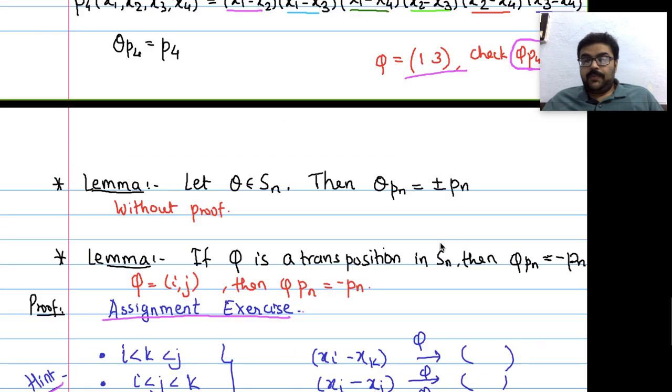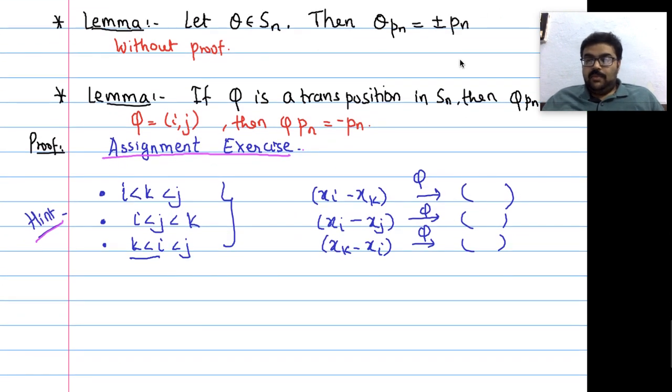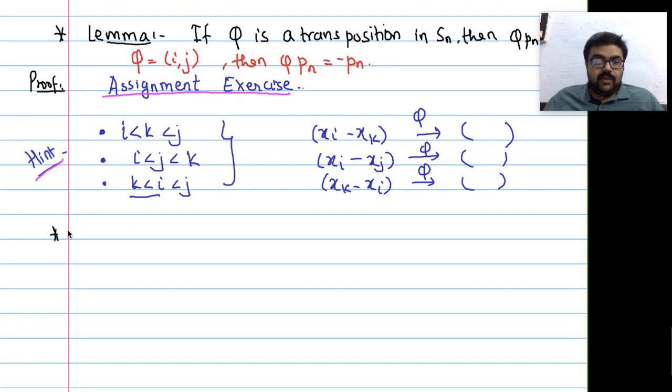Right. Now we prove what we claimed as a corollary of this lemma: that if a permutation can be written as an even number of transpositions in one representation, then in every representation it is an even number of transpositions.